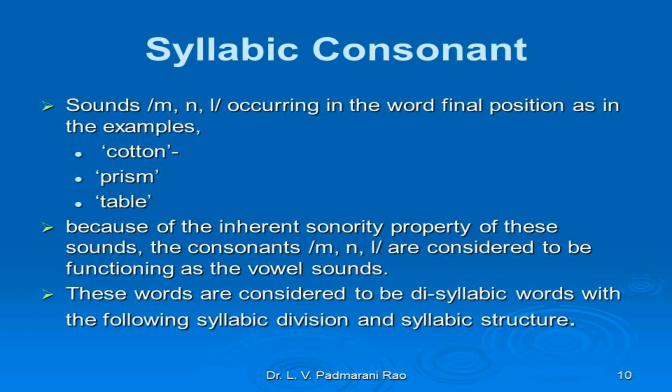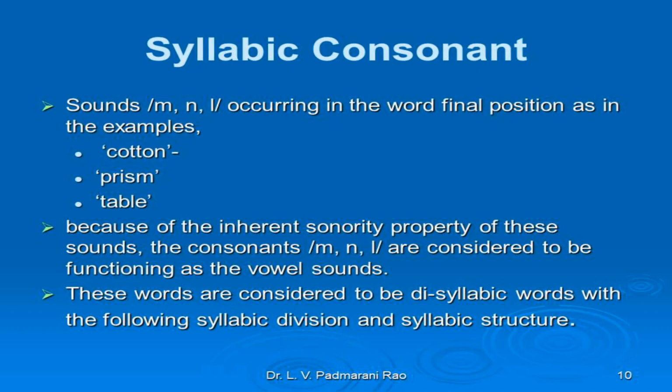Cotton has got the word ending with n sound. Prism has got the word ending with m sound. And table has got the word ending with l sound. Did you notice it? Now, because of the inherent sonority property of these sounds of m, n, and l, the consonants m, n, l are considered to be functioning as the vowel sounds in these examples.